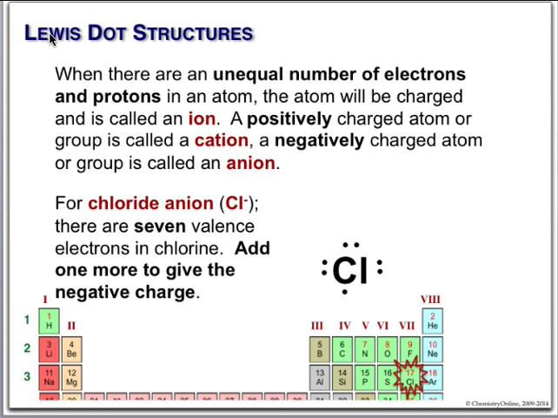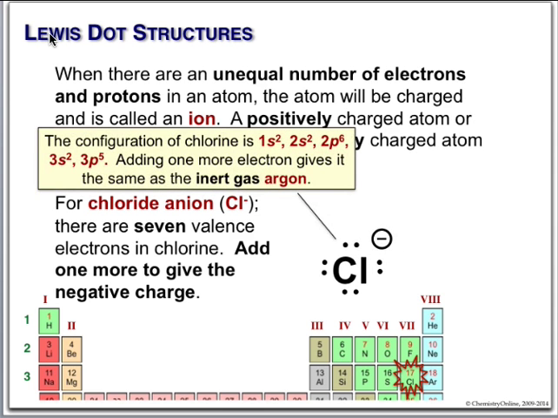Now, to make an ion, the chloride anion, we need to add 1 extra electron. When we do this, we now have 8 electrons around it, and the chloride ion will have a negative charge. It has 1 more electron than it does proton.